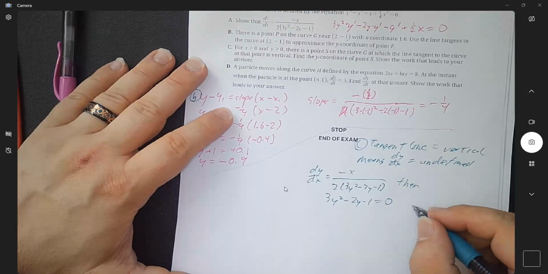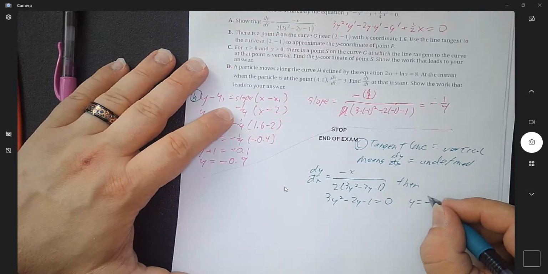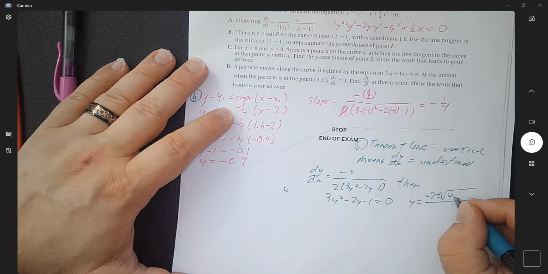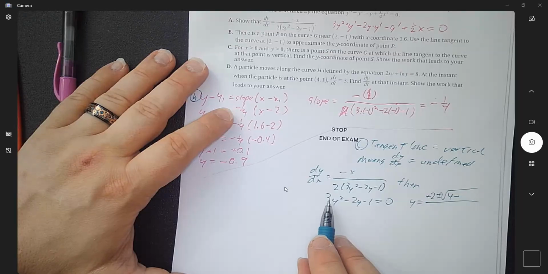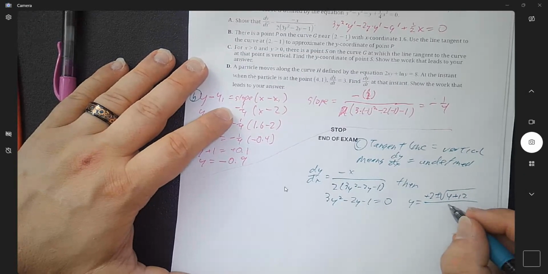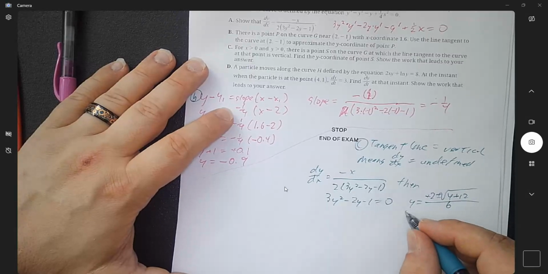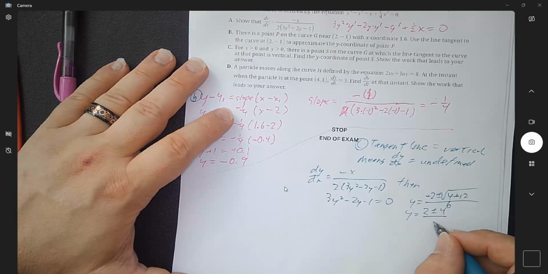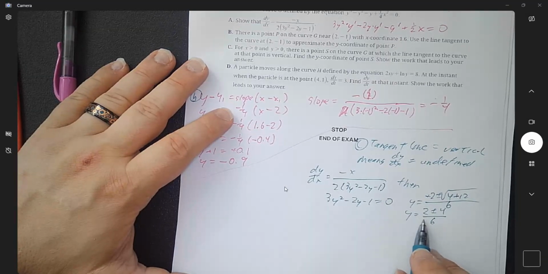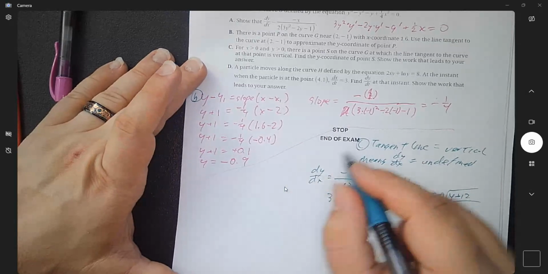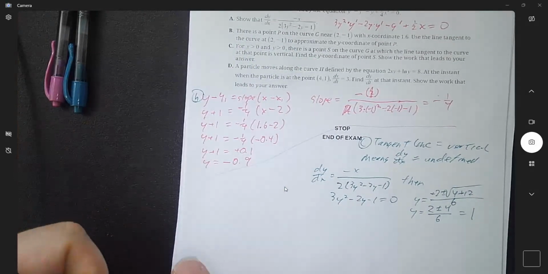I'm going to use the quadratic formula: -b plus or minus the square root of b squared minus 4 times 3 times -1, so plus 12, so that's going to wind up being 4, all over 2a. So y equals 2 plus or minus 4 over 6. 2 minus 4 is negative. 2 plus 4 over 6, so y equals 1. So there you go. I couldn't factor it.